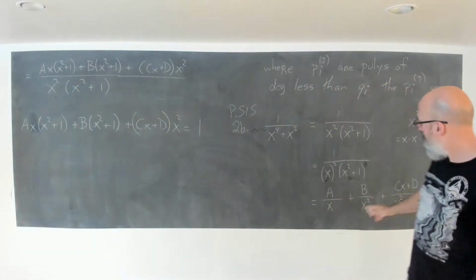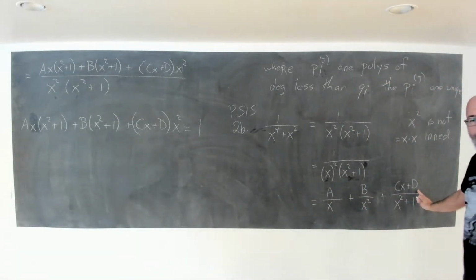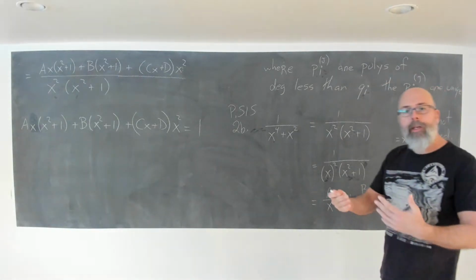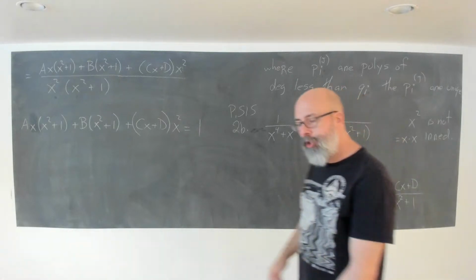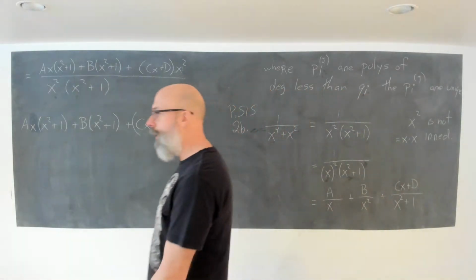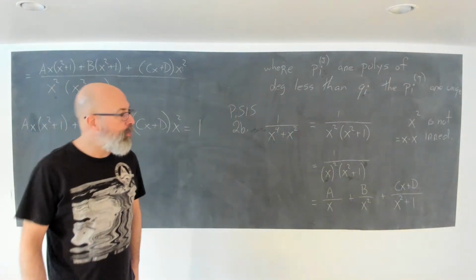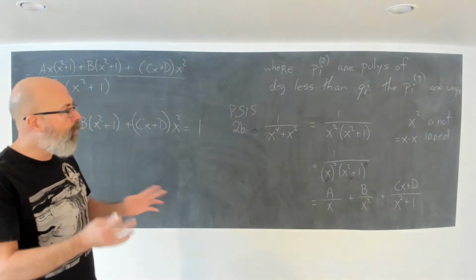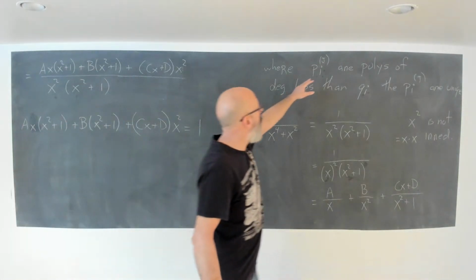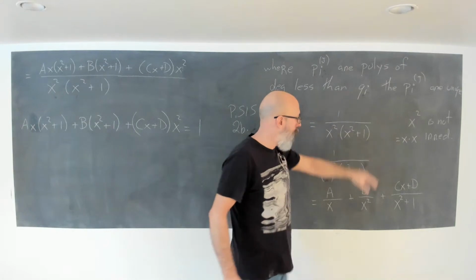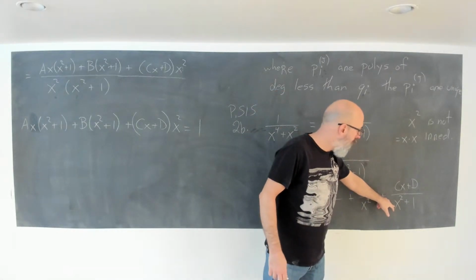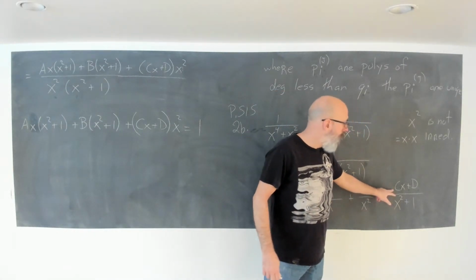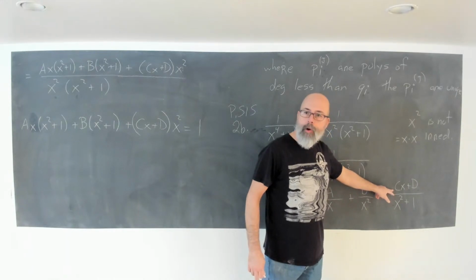Is adding the d mandatory? Absolutely. Don't start with a preconceived notion of what the polynomial has to be. All we know is that the polynomial is of degree less than the denominator. So this is an irreducible of degree 2, and the numerator could be degree 1 or degree 0.